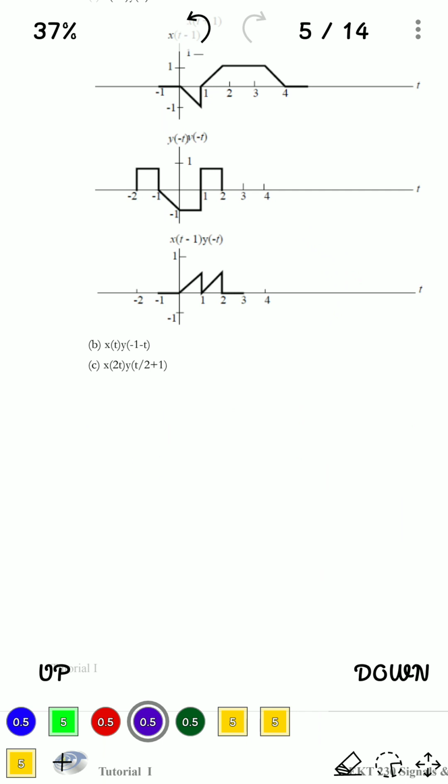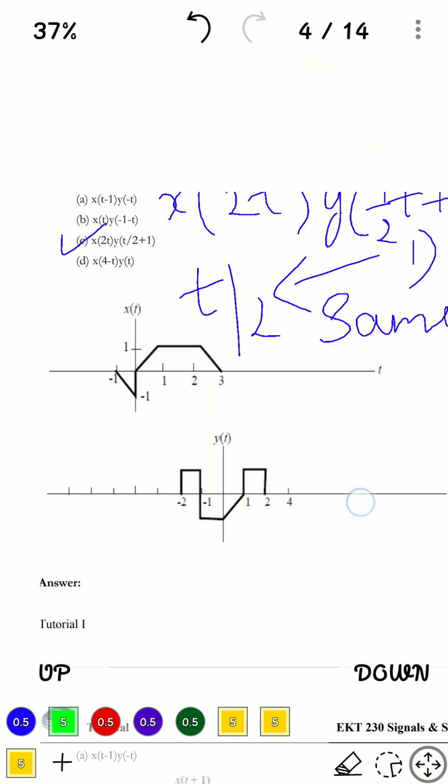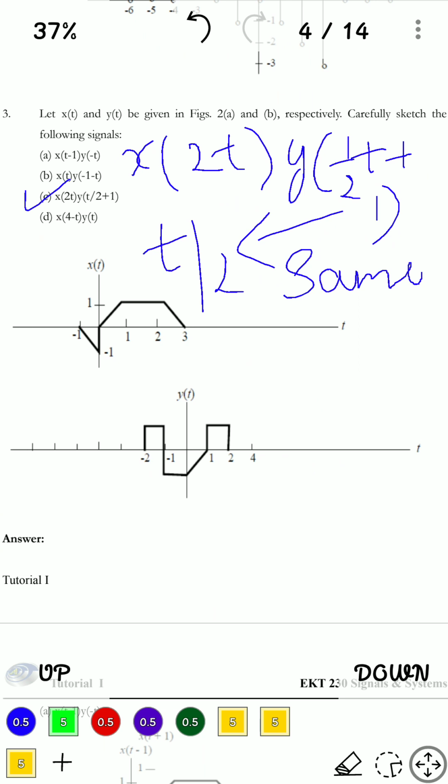What is x of 2t? I told you in yesterday's class that it is a compression of the signal. So what you are going to do is take the original signal into consideration and divide it by 2.